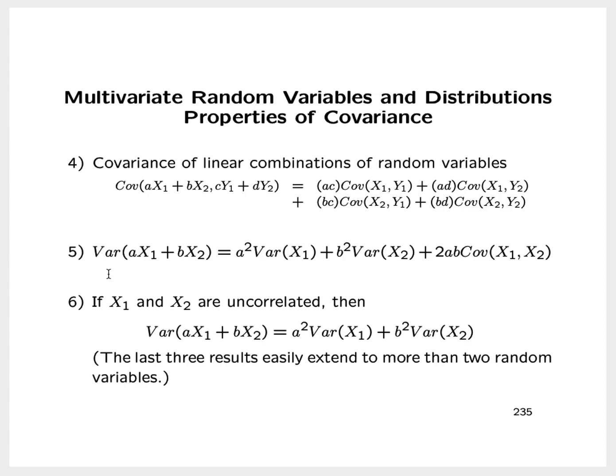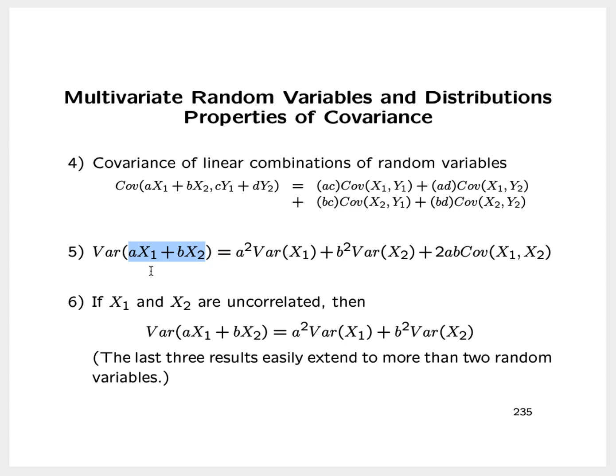Property 5, the variance of this linear combination of x1 and x2, given by a times x1 plus b times x2, is equal to and can be decomposed as a squared times the variance of x1 plus b squared times the variance of x2 plus 2 times a times b times the covariance of x1 and x2. Again, whenever we're talking about a variance, we're talking about a variance of a random variable.